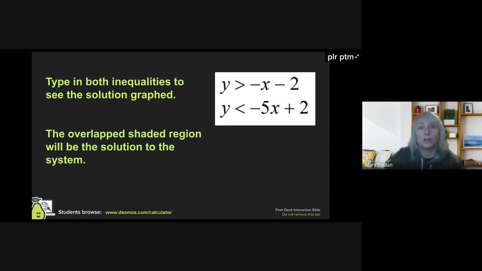You have a split screen: the Desmos graphing calculator on the right, and this slide on the left. Type in y is greater than negative x minus 2, and y is less than negative 5x plus 2. You have to have two separate lines for both inequalities.